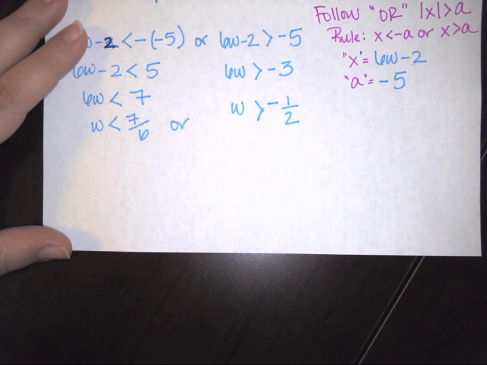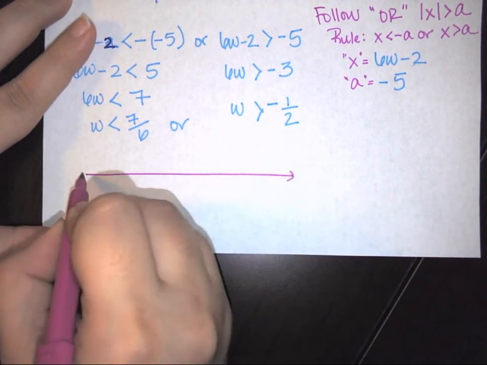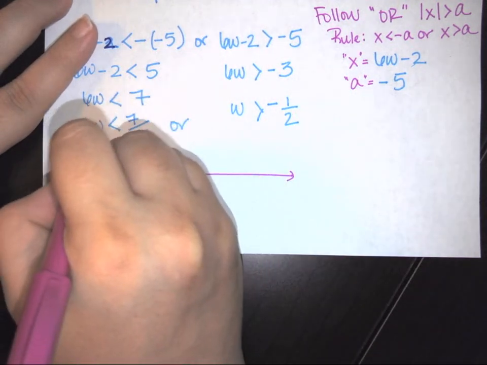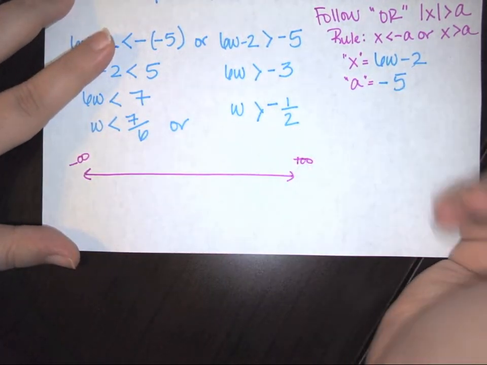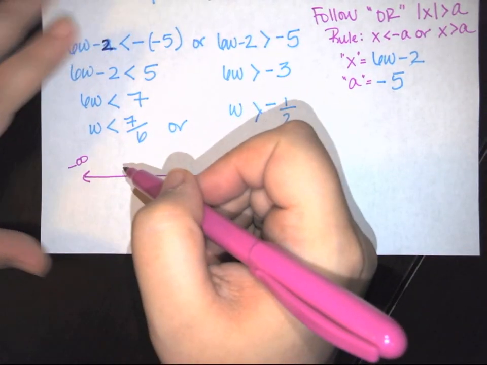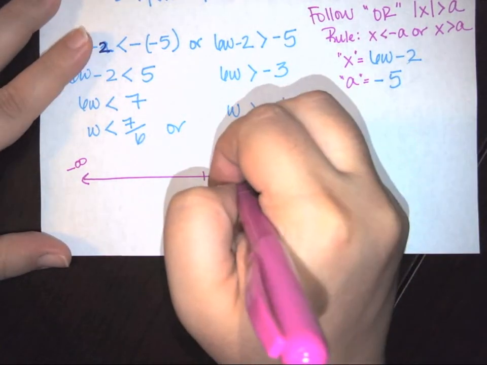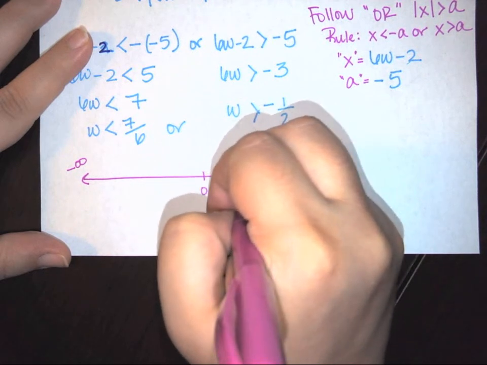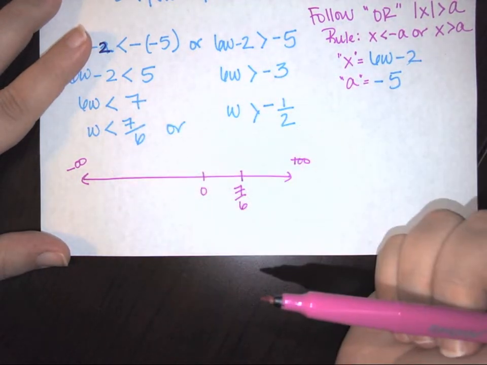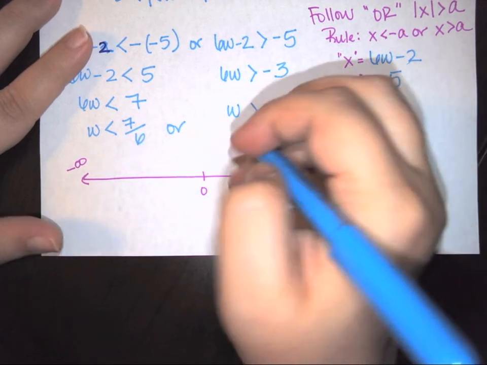So I need to go ahead and set up my number line. I'm going to set up my line here. I've got the negative infinity to the positive infinity. I'm going to input my 0, and then I'm going to start on my one side. And so here I've got 7 over 6. So I'm going to input my fraction. And in this case, I am looking at all of my terms that are less than 7 over 6.